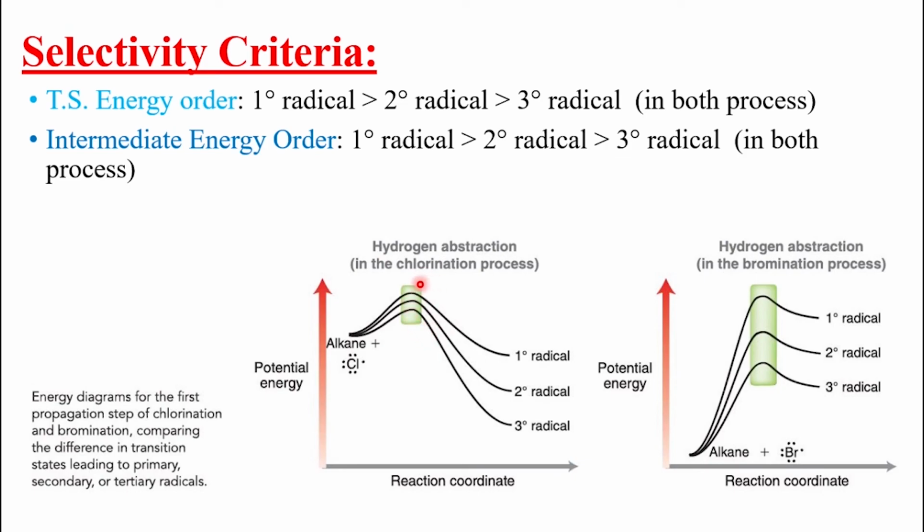So the reason for transition state energy order is only the steric crowding factor, while in case of intermediate energy order, the stabilizing factor is hyperconjugation for both the processes, chlorination as well as bromination.